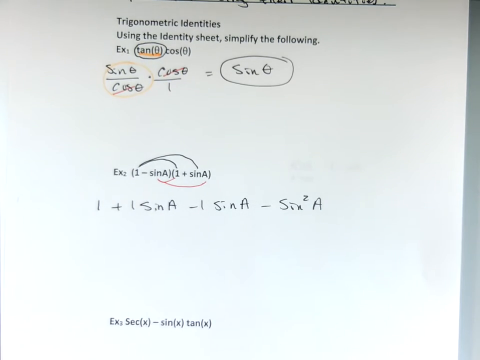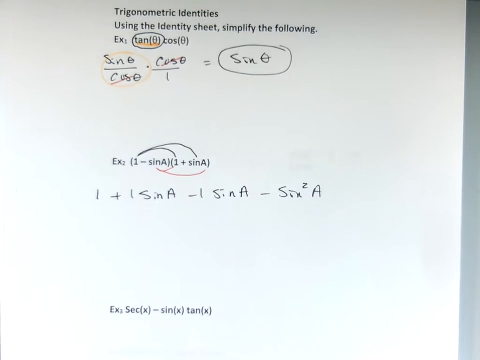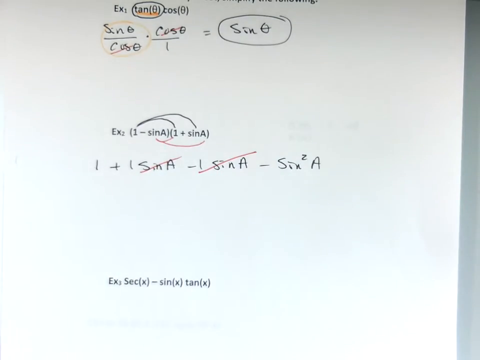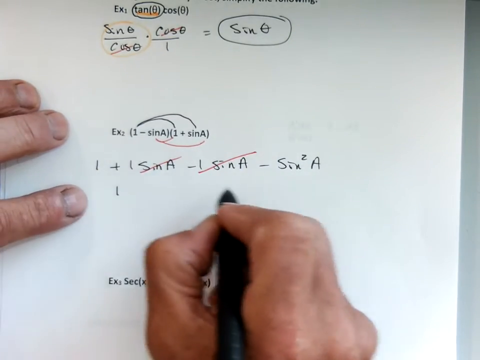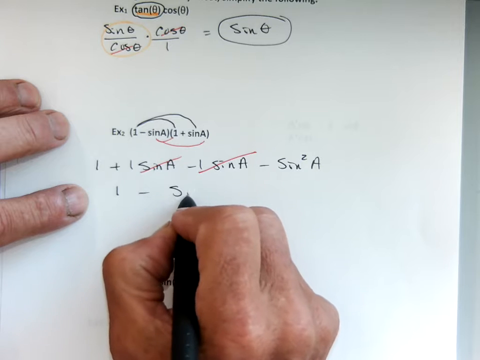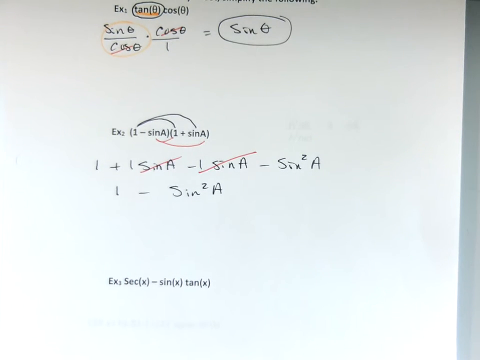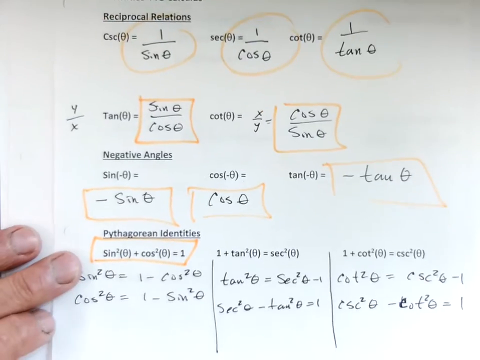Okay, now, hopefully you see some things. What do you see? What's the most obvious thing that you see? Spencer, what do you see? 1 sine of A minus sine of A. Gone, right? And let's see what we've got. So 1, then minus sine squared of A. Now, anytime you see a square, you look to your Pythagorean identities, okay?